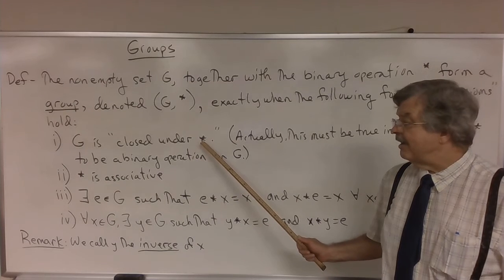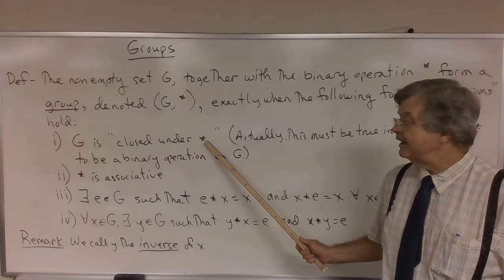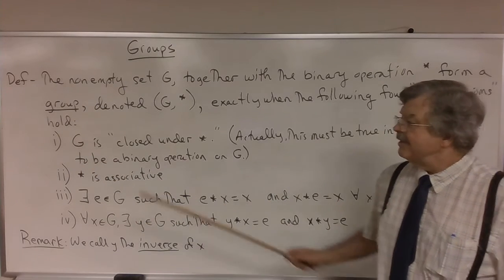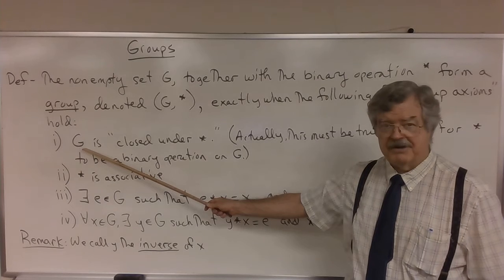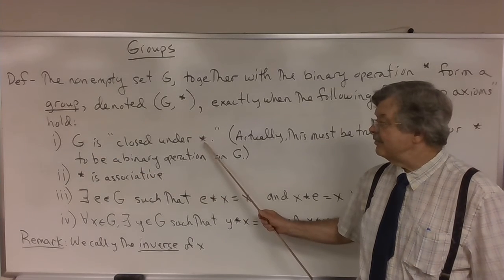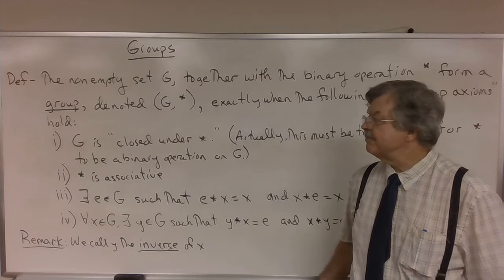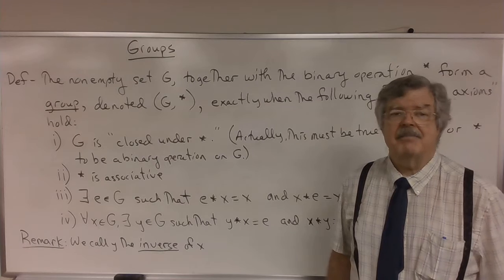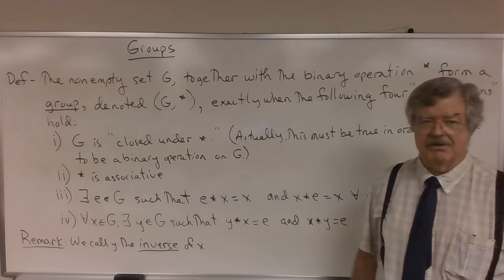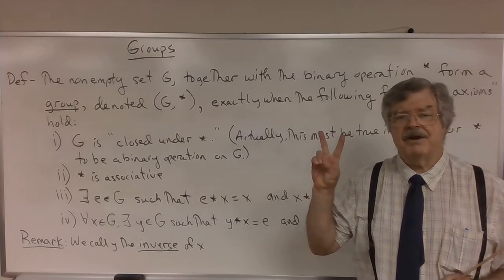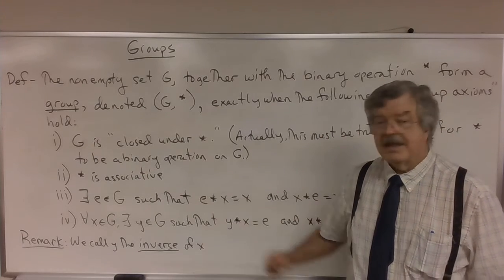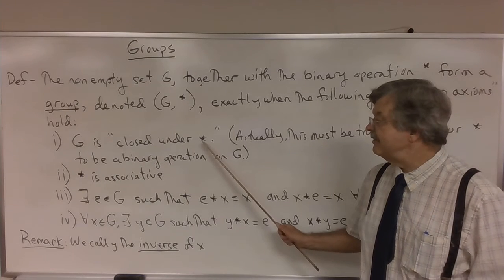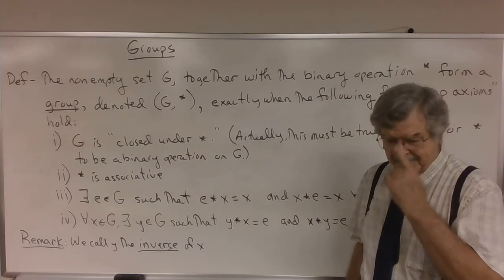But according to our definition of binary operation, this has to be closed on G. In other words, for every pair of elements in G, this binary operation assigns that ordered pair a third element that's also in G. And that means that the binary operation is closed, if every ordered pair of elements in G is assigned another element from G by this binary operation.